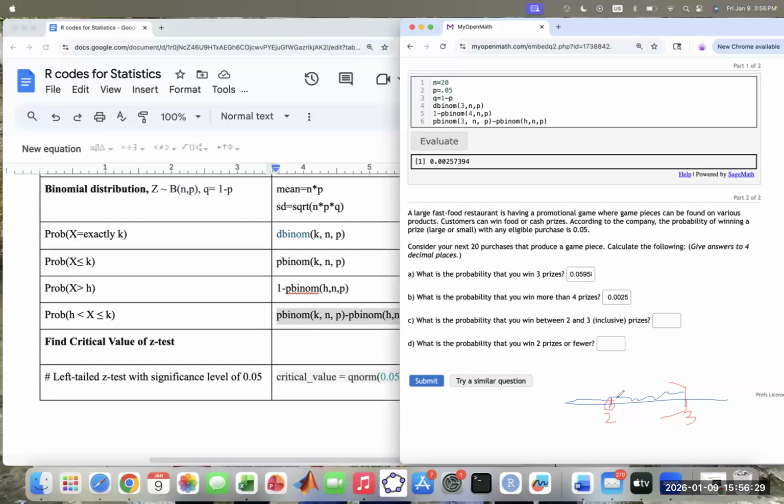So I'm going to go greater, right? This one right here, you see that? But this one, I want including 2. So I'm going to have right here including 2. Therefore over here, instead of doing 2, I have to do 1, because I want to subtract the 1.